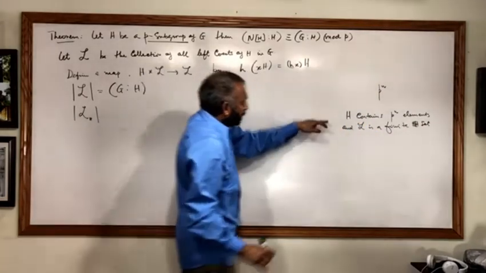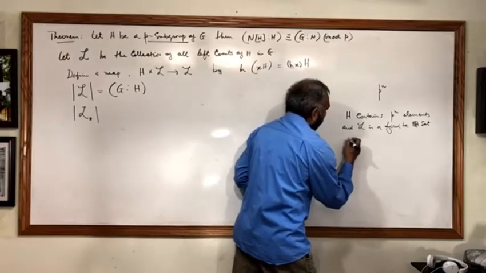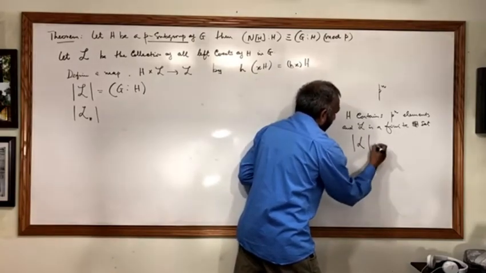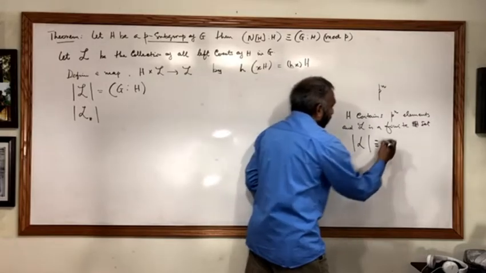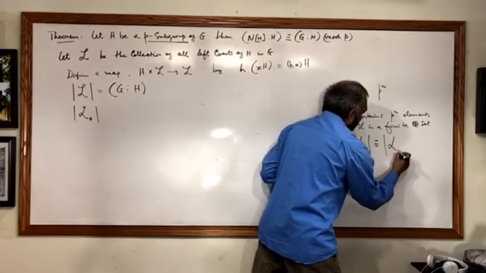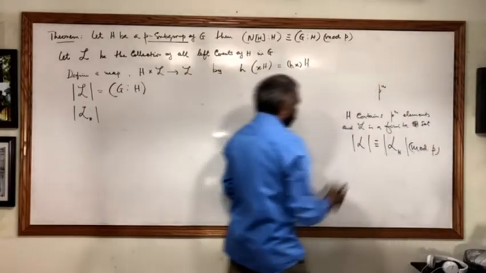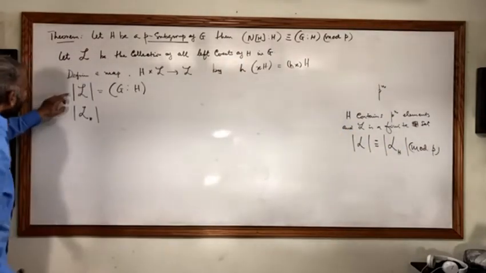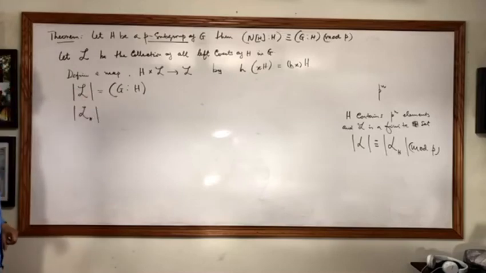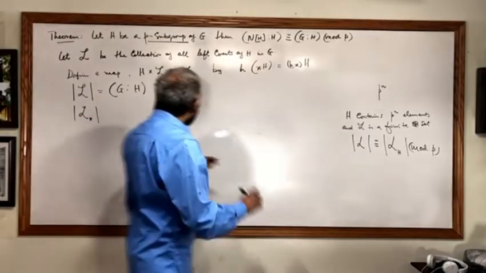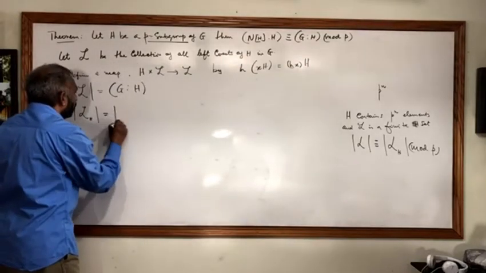Then from the first result, the number of elements in L is congruent to the number of elements in L^H mod P. But we know that L^H is this. So with this result, we can always write it as |L| congruent to |L^H|.